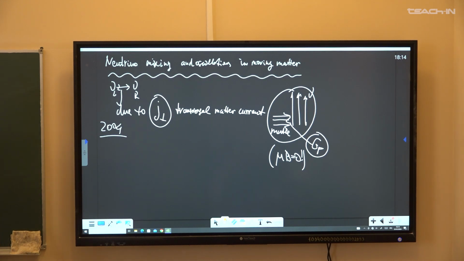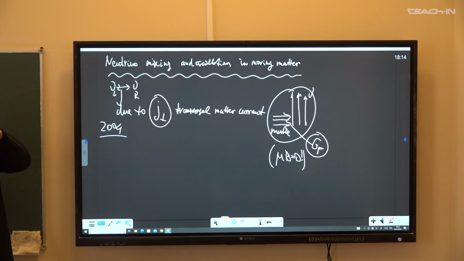So there is no need for a magnetic moment or magnetic field, but if the neutrino interacts with matter moving transversally, or if there is a transversal component, or also the same for transversal polarization.